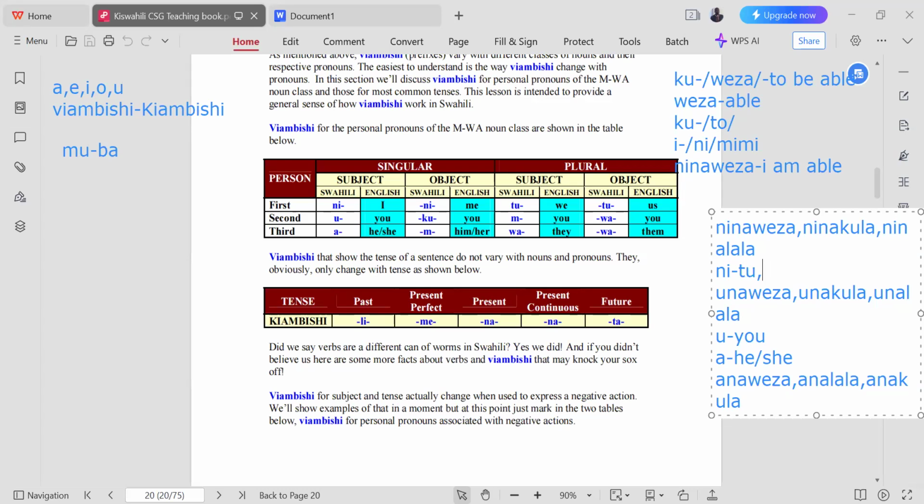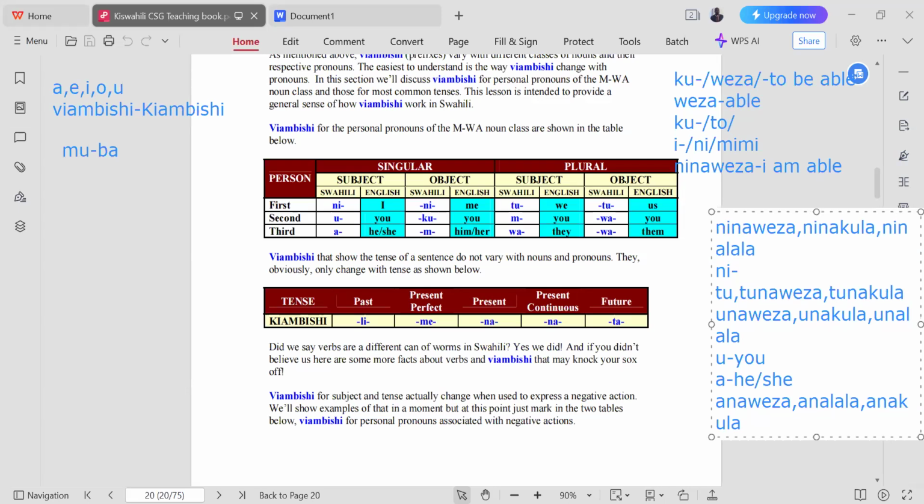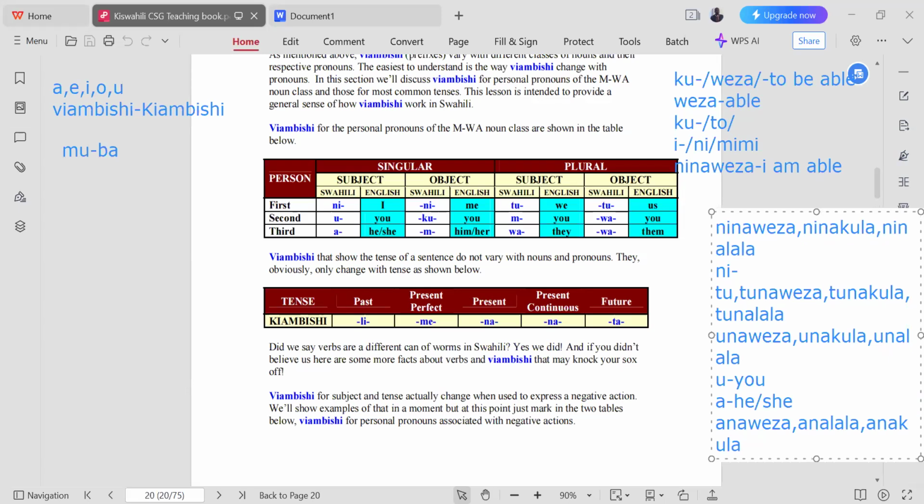So it will be tunaweza, tunakula, and tunalala. Tunalala means we are sleeping. It's still the first person pronoun. We are sleeping, tunalala. We are eating, tunakula.